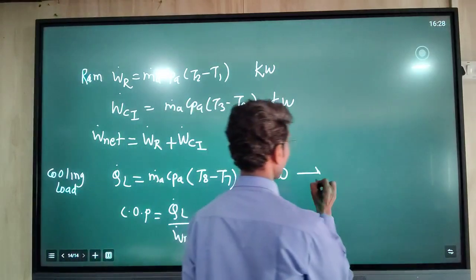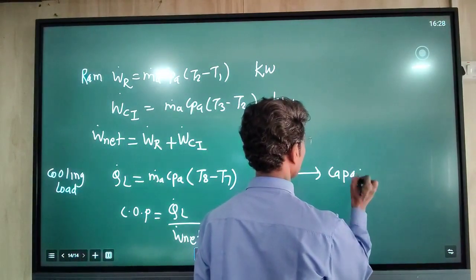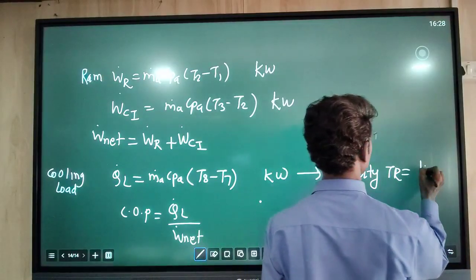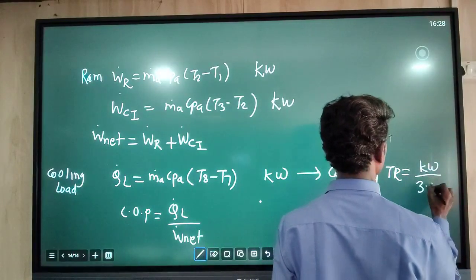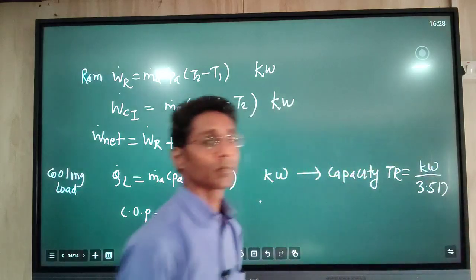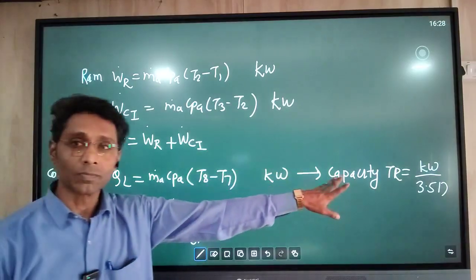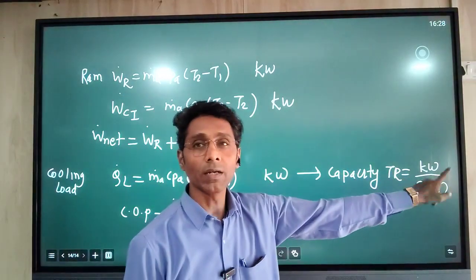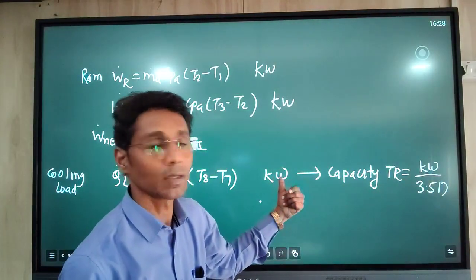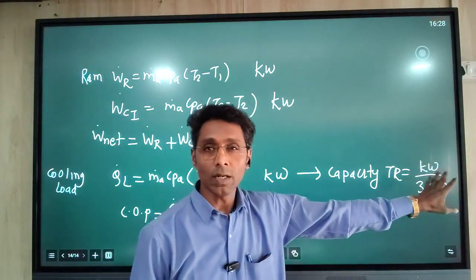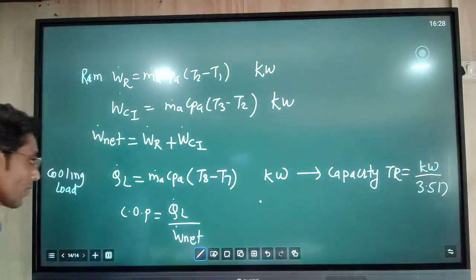This we convert into capacity by dividing it by 3.517. The ton of refrigeration, TR, the capacity of the system, is calculated by dividing the value in kilowatt by 3.517, which is the conversion factor.